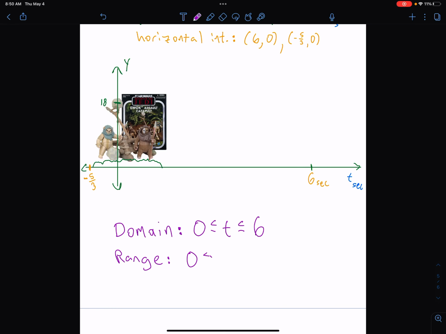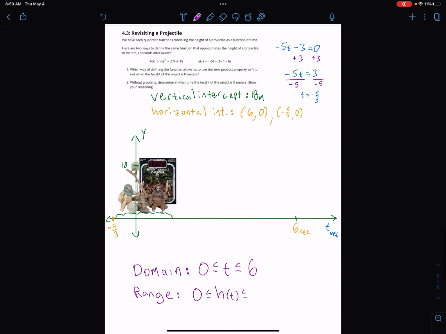It's going to hit the ground in all likelihood. So our height is going to be, and we could call it h of t, the height is a function of time for the y value. We know the minimum. Let's find the maximum here.